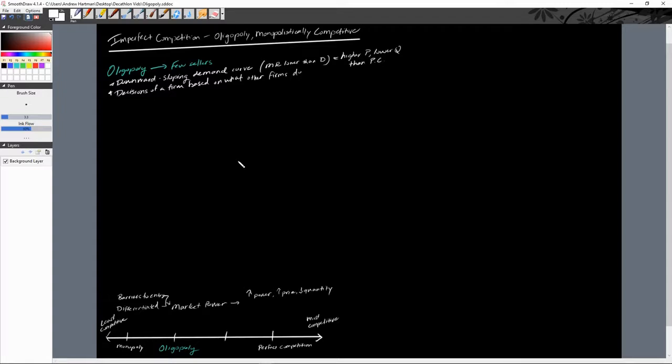Because of this idea that they have to know what the others are doing, this also leads to a situation where there can be strategic interaction between these companies.